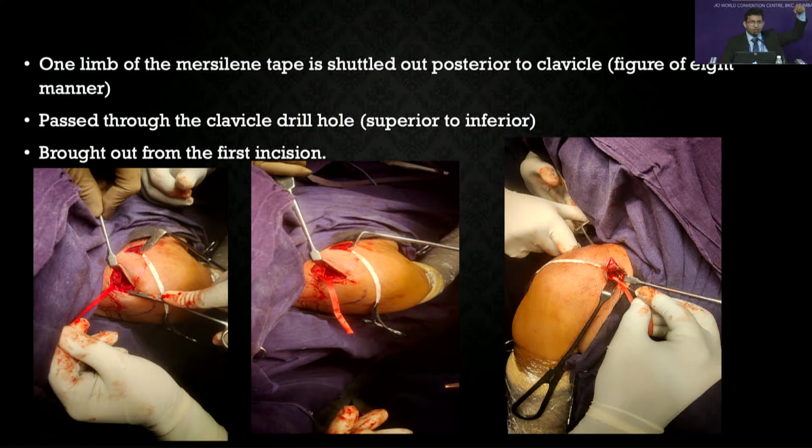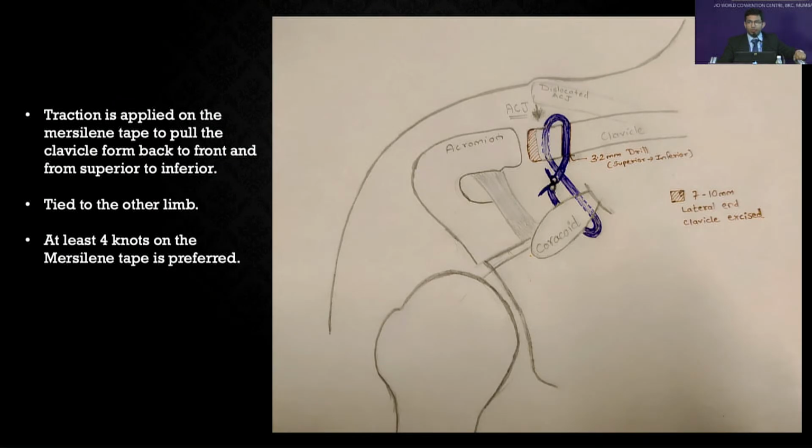Then it is passed through the tunnel we have made, and it is brought back from beneath the coracoid process. Traction is applied to that muslin tape, and it pulls the clavicle from back to front as well as from superior to inferior, thus reducing it in both vectors. And then it is tied to the other limb, and we prefer at least 4 knots.